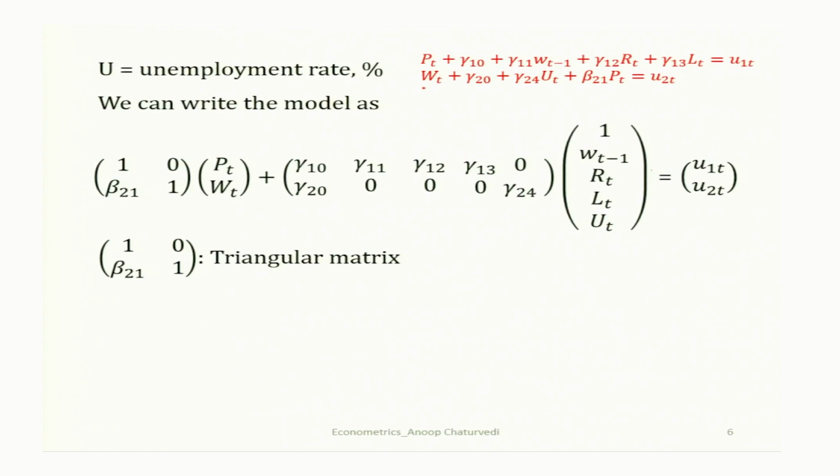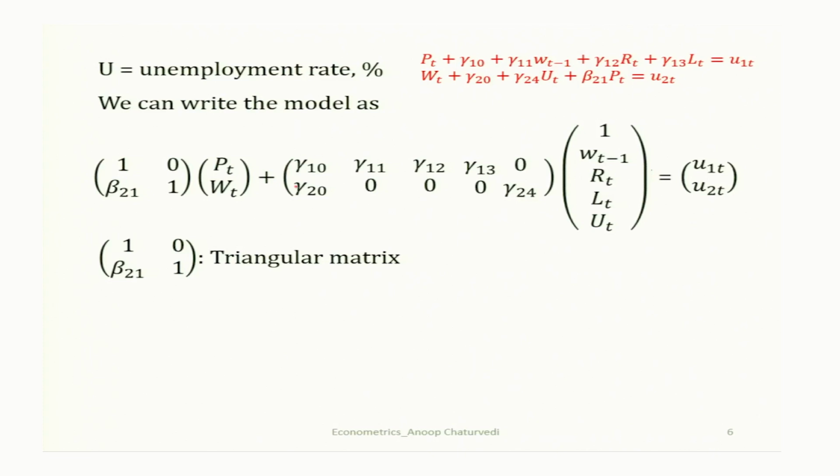Now, you can write this model as, say, 1 0 beta 2 1 1 times P t W t. P t and W t are endogenous variables. In the first equation, W t does not appear. In the second equation, both W t and P t appear.